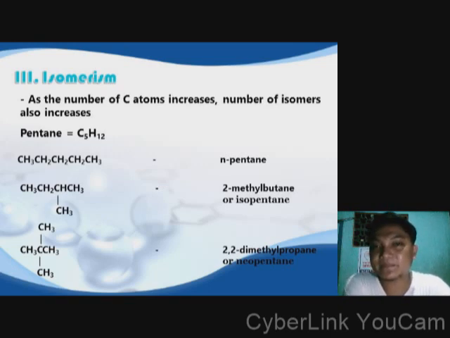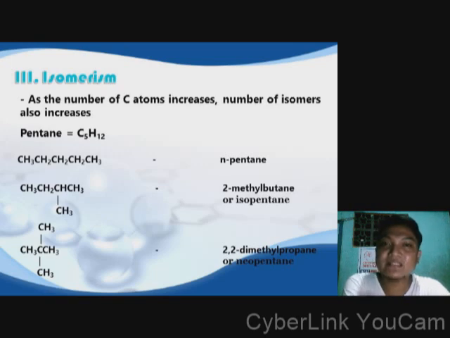Diba? Parang ganon. So, we have here 2-methylbutane or isopentane. So, saan na nakakonect si methyl? Saan na napunta yung isang methyl? Napunta kay 2-methylbutane. Paano pagbilang, sir? Bakit 2, hindi 3?